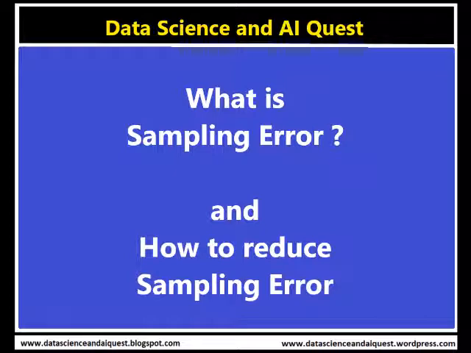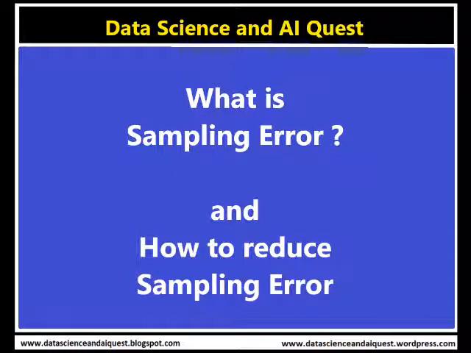This is the error that occurs when one makes an observation from the sample taken from the population. Thus, the difference between the actual value of a parameter of the population and the estimate is the sampling error.